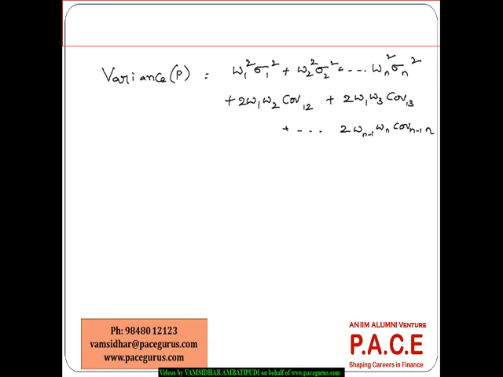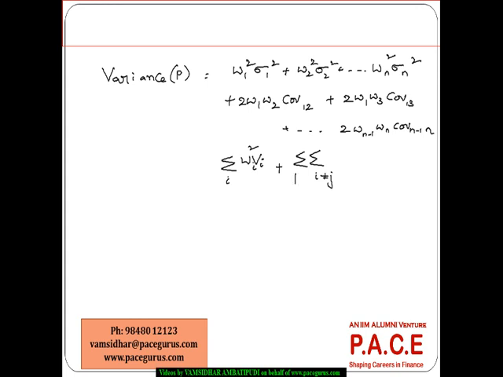This becomes my variance. So in notation form, I am adding up all the variances sigma i squared multiplied by their corresponding weightage squares across all the i. Along with that, I am also adding up all combinations of i and j where i is not equal to j, because if i equals j, it becomes the variance.